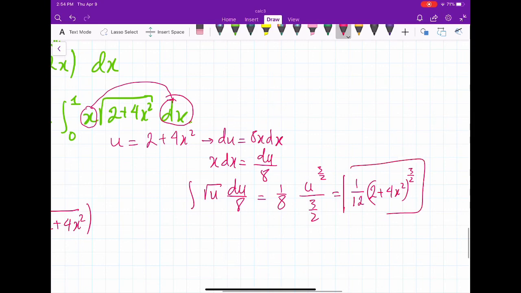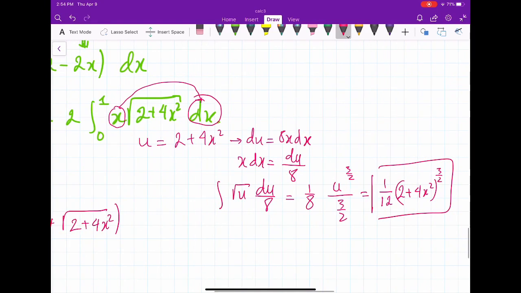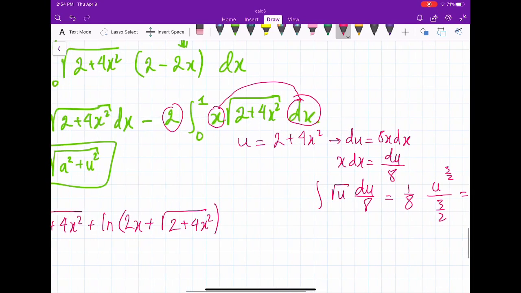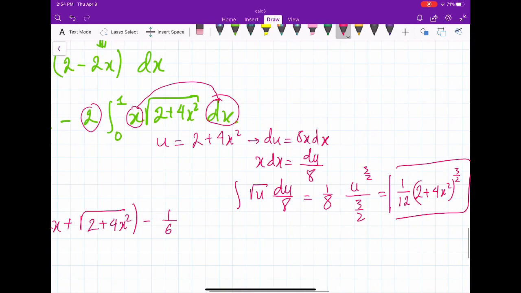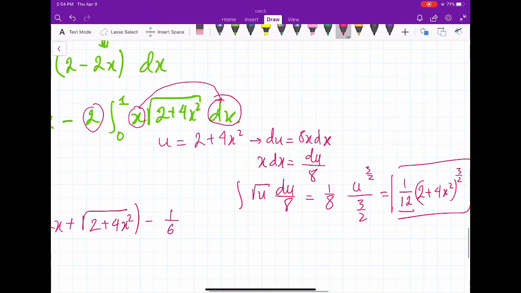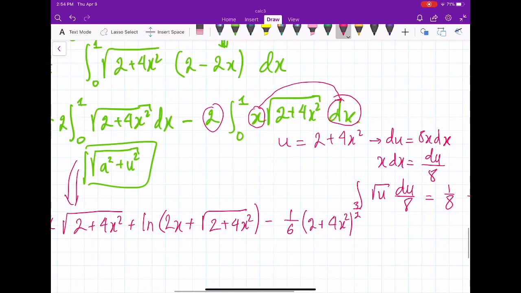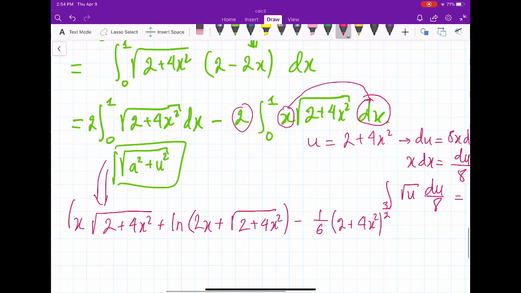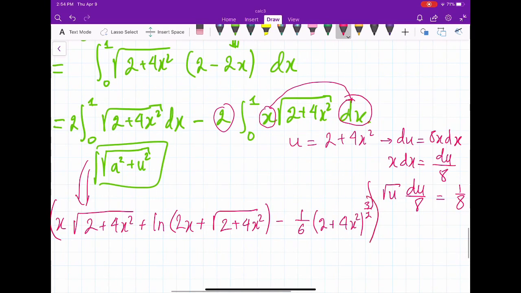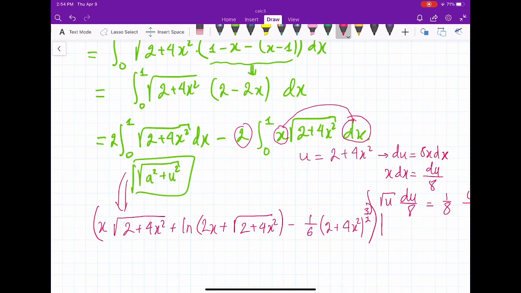Okay, so that is the antiderivative. And together with the 2 in front, we will have the following: minus 1 over 6, because the 2 with 12 will be cancelled out. Here I have (2 plus 4x squared) to the power 3/2. Okay, and everything is evaluated from 0 to 1.